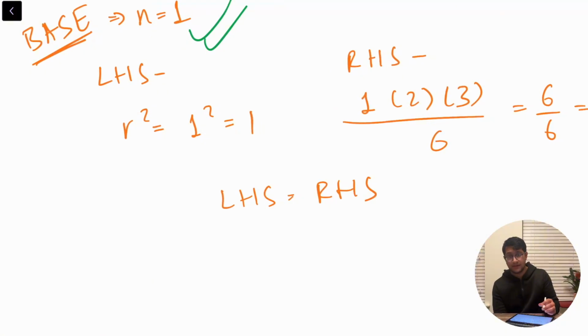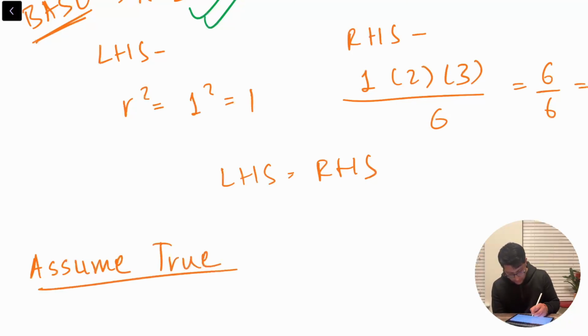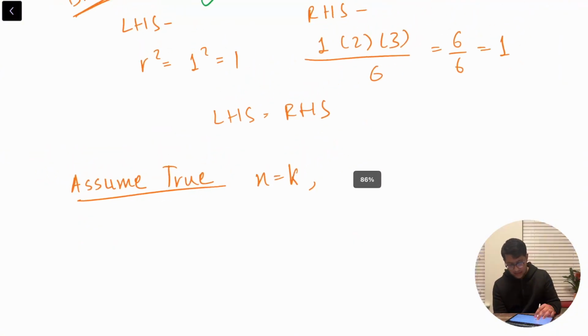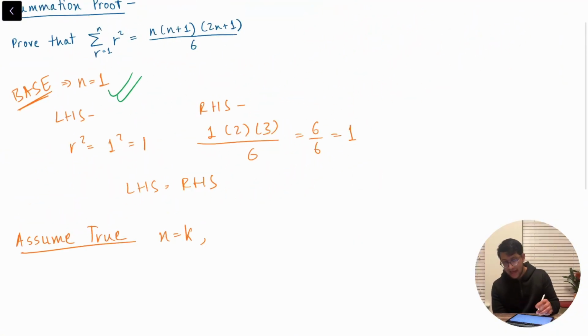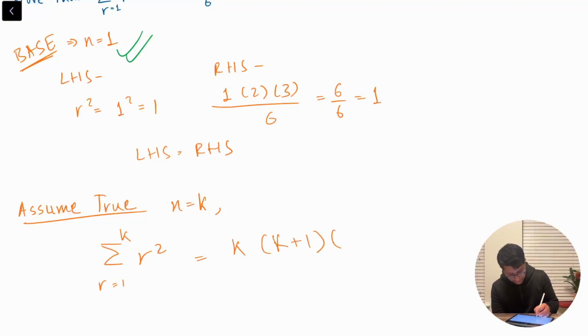After we solve the base case, we assume it to be true for n equals k. What this means is that if we swap out n for k in this equation, essentially every time you see an n, you just swap it out for a k. So the summation of r squared from r equals 1 to k will equal k times k plus 1 times 2k plus 1, over 6.